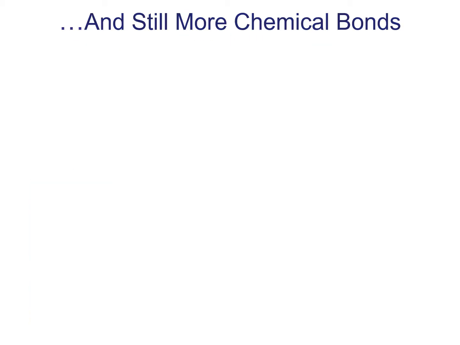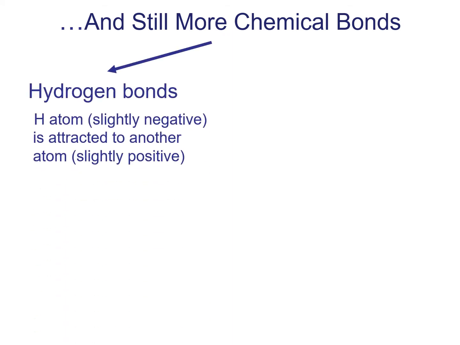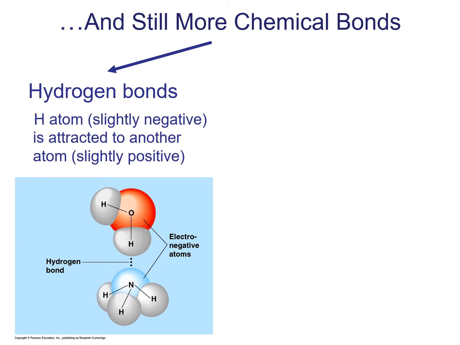There are two more weaker chemical bonds that we should talk about, and the first one would be hydrogen bonding. So in this diagram here at the top there, we've got a water molecule. Remember, it has a dipole, so the oxygen is slightly negative, the hydrogens are slightly positive, and underneath that we have ammonia.